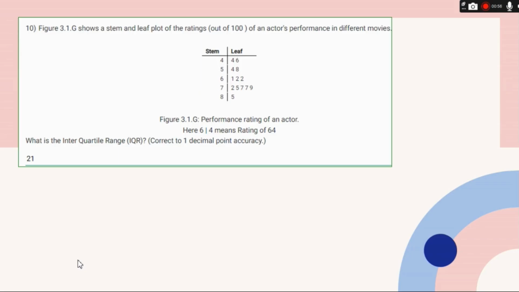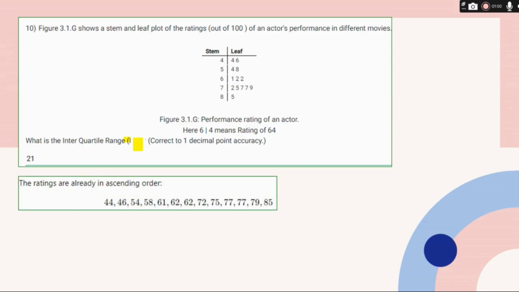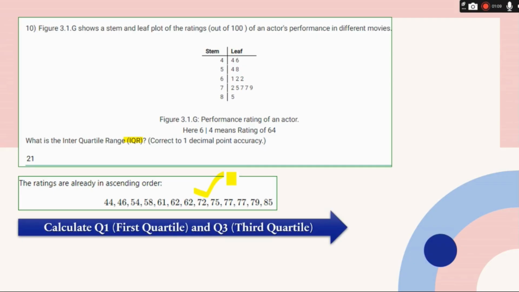So next and final question, we have to find the IQR of this data. This is our data set. Firstly, we will calculate Q1, the first quartile, and Q3, the third quartile. So our first quartile is this and our third quartile is this.